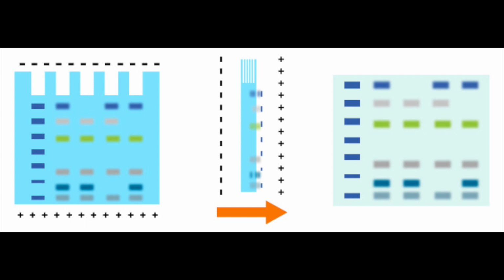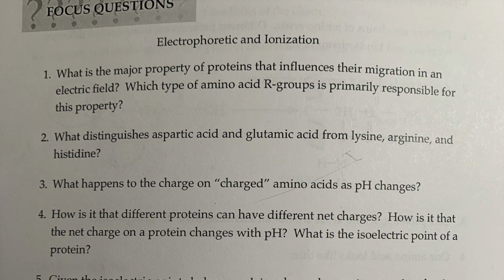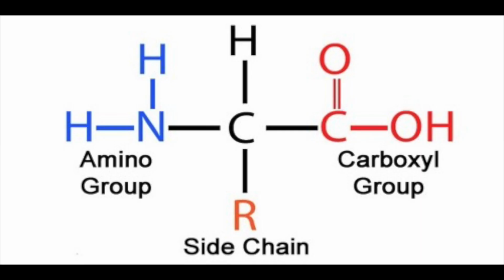So that's why it's electrophoresis and ionization. Then the second part: which type of amino acid R groups is primarily responsible for this property? It would be the carboxylic groups and the nitrogen groups, the amino groups.